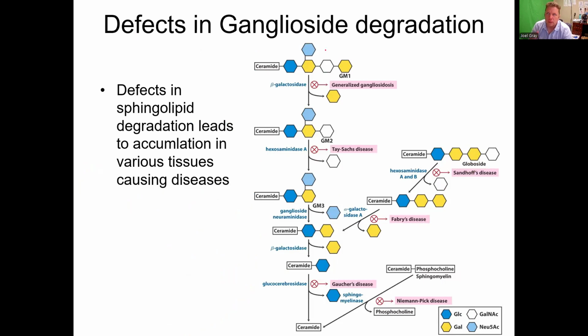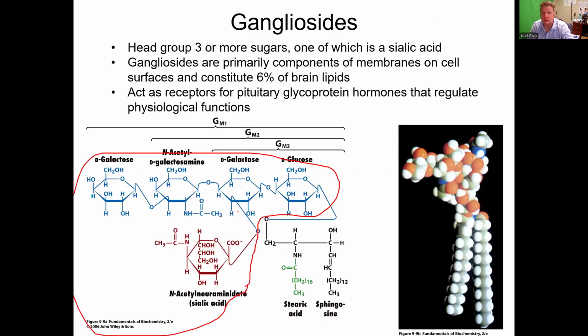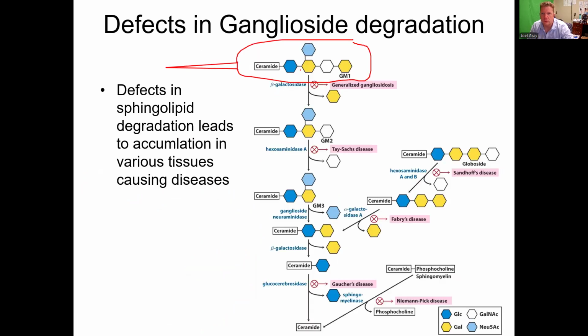Typically, if we were to take this molecule right here, that looks like a narwhal, and I didn't intend for it to, so something's going on with my mouse. But the molecule that I just circled is this molecule right here, where we have galactose.